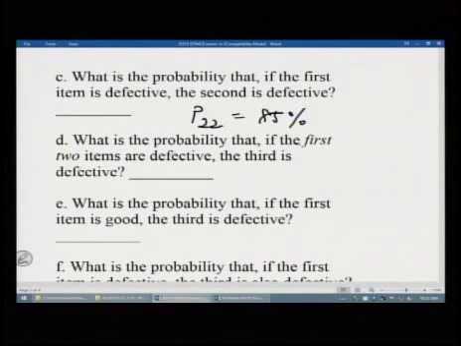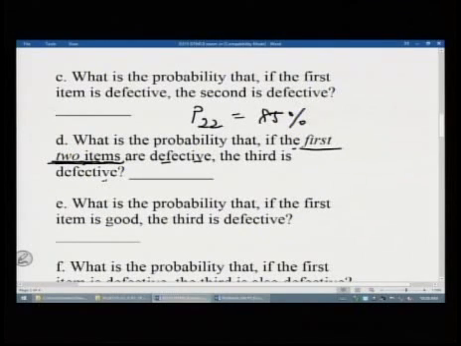Okay? So, although they consider the first two items, we are not interested in the first item. We just want to see the condition of the second item among these two. So, starting from the second item being defective, we want to know the probability that the third item becomes defective.